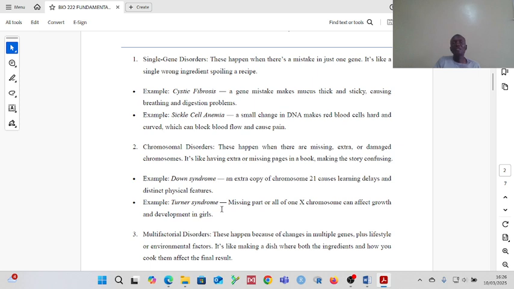Okay. In sickle cell anemia, there is a change within a gene that affects the red blood cells, which normally have a round shape. The mutation now makes them have an abnormal, curved shape. Okay? So it's a single gene, just one gene, where the mutation happened, then the disorder resulted.